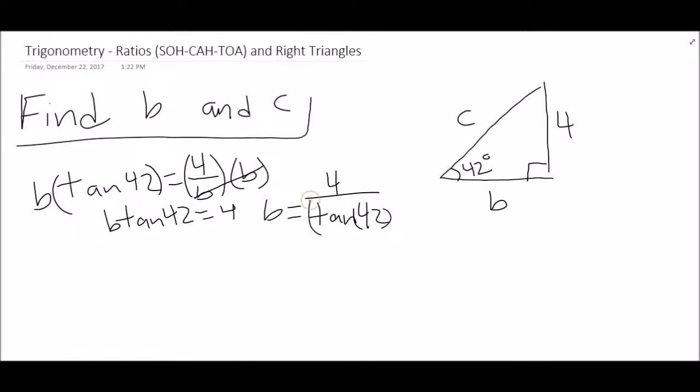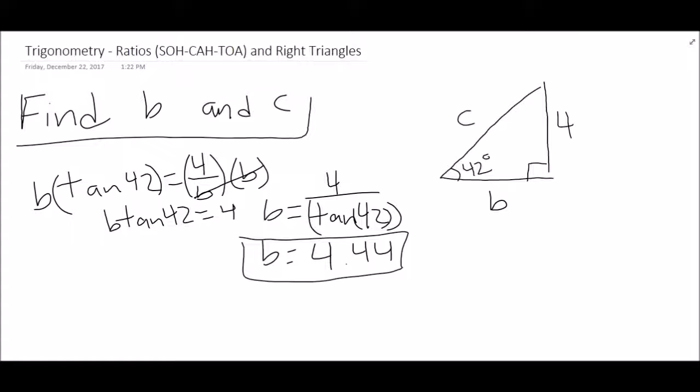When you put that in your calculator, to be sure, put parentheses around it. You don't necessarily need the parentheses, but sometimes it's necessary. What you end up getting is around 4.44 as your answer.